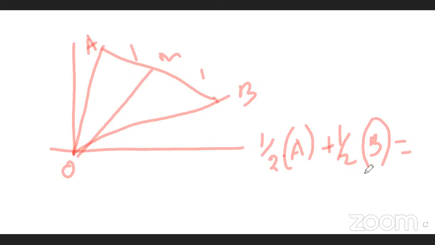And remember, the vector OM will be the position vector for point M, and therefore you can get the coordinates of M. I hope you remember that from Form 2.